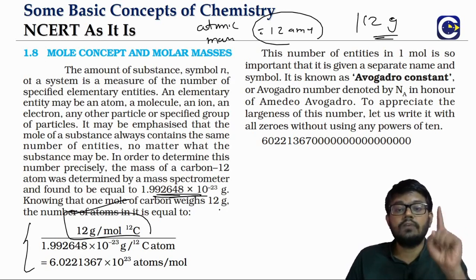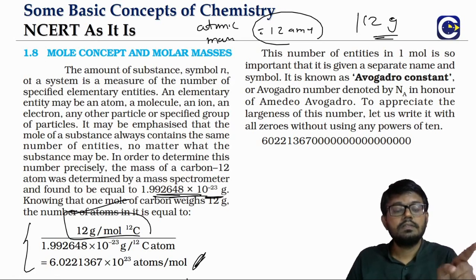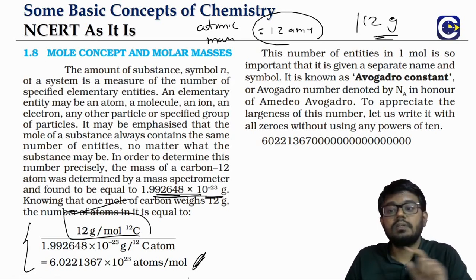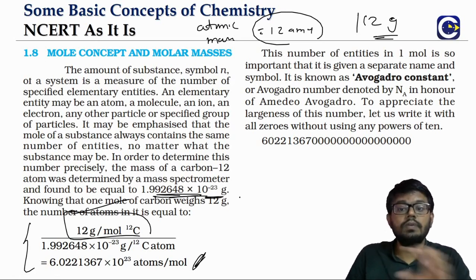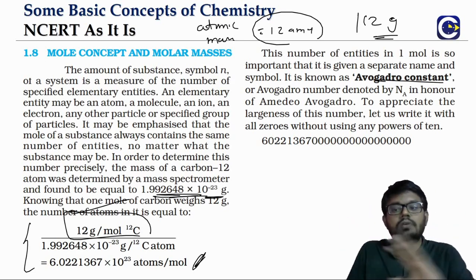That mass of one carbon atom comes as 1.992648 × 10^-23 grams. If you divide 12 grams by the mass of each carbon atom, we get the number of carbon atoms present in 12 grams, and that number is 6.022 × 10^23. So this is how we can calculate the value of the Avogadro number, and that's how he also arrived at it.